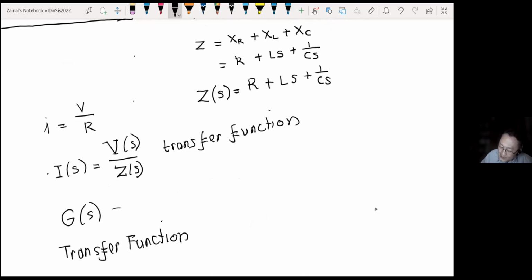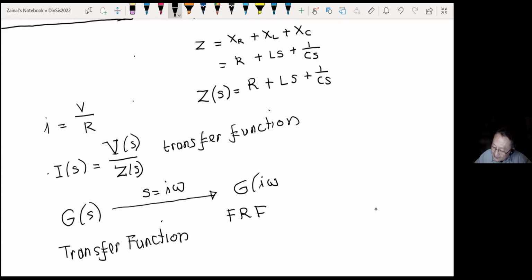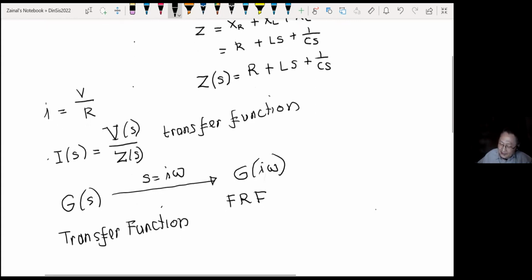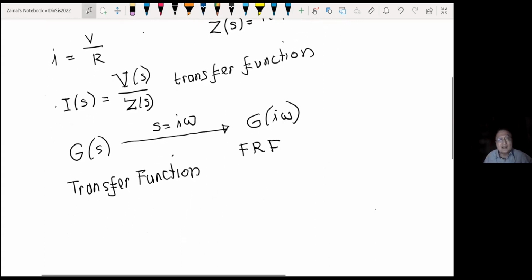And you want to find what we call the frequency response function, then you just substitute S with I omega. So we have there G I omega. Transfer function is output divided by input.